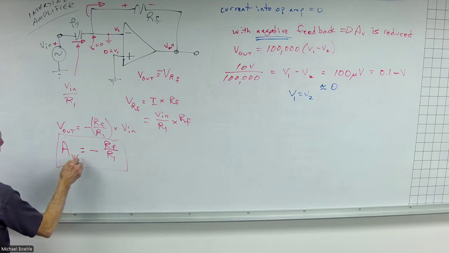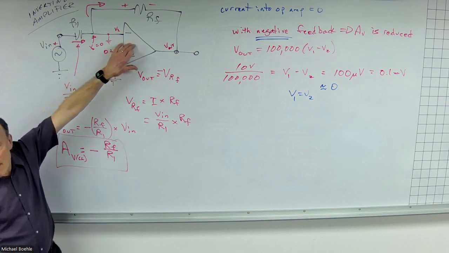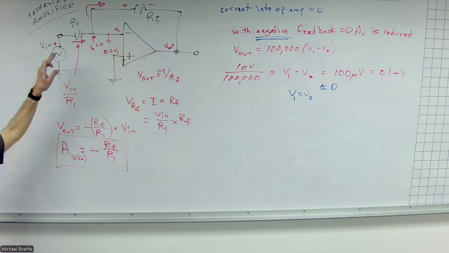This is my closed loop voltage gain, right? By using the negative feedback, I'm limiting the gain with a closed loop feedback. I haven't changed the gain of the op amp, only the response of the circuit.